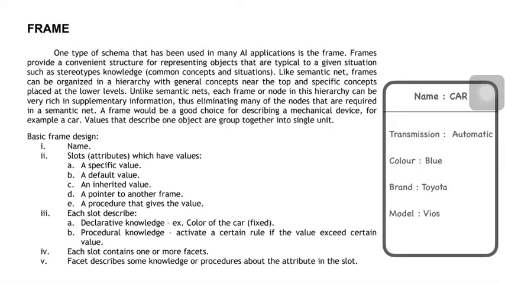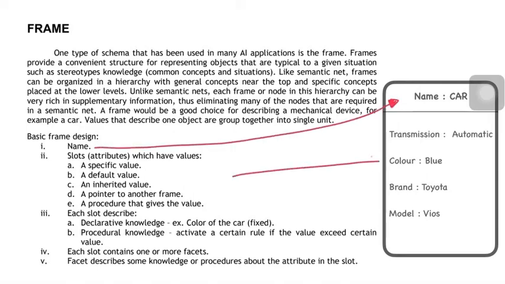A frame is a good choice to develop a system with mechanical devices, for example, a car. The values described in one object can be grouped together into one single unit and represented in a frame.